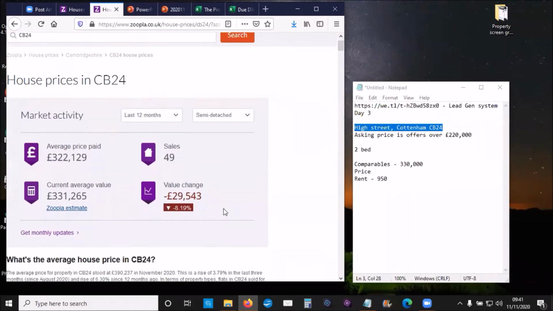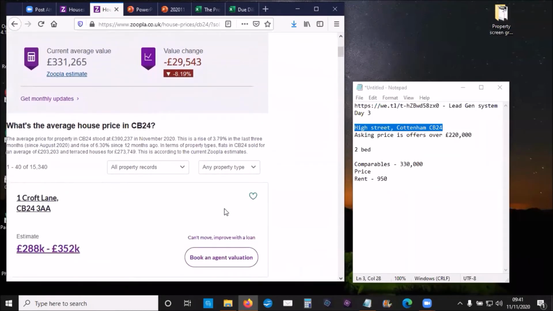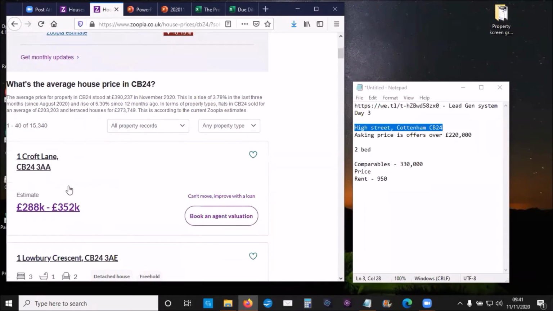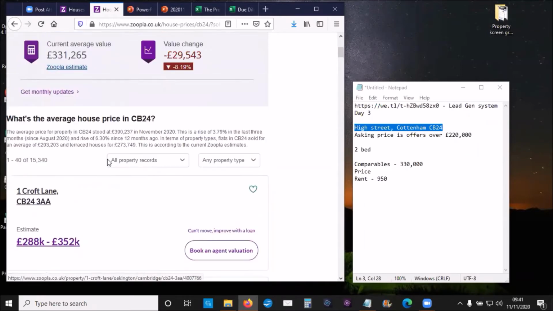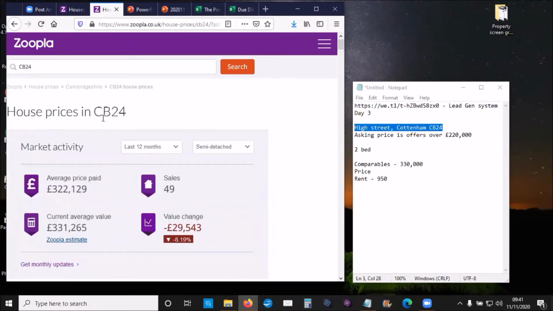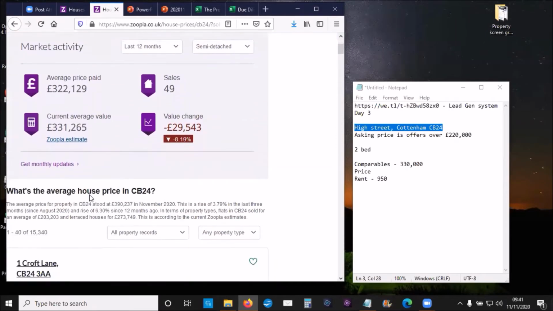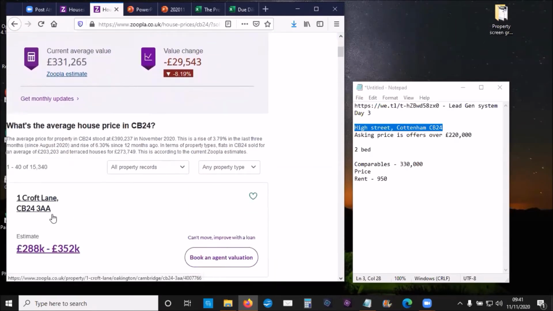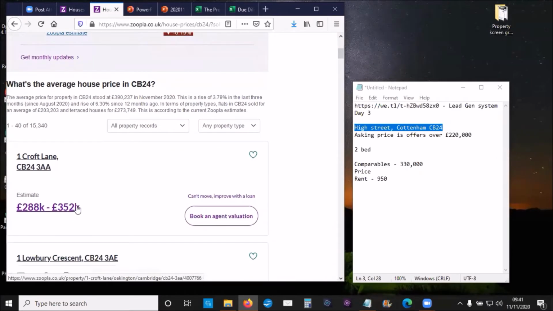I want to see what the more true comparables are. House prices in CB24. So it's not precisely the same street as High Street, but it is in the same first part of the postcode, which is CB24.